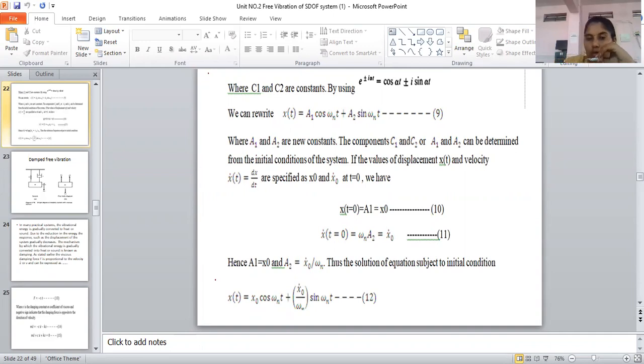So already we know there are three types of forces. The first one is m x double dot, the inertia force. The second one is the damping force, equal to c x dot, and the restoring force is k into x.